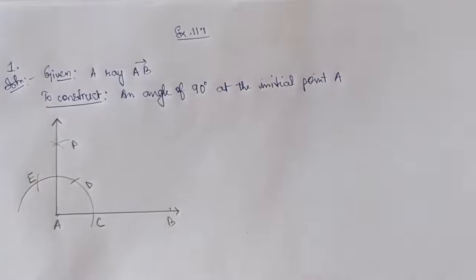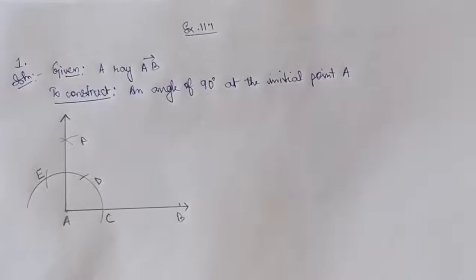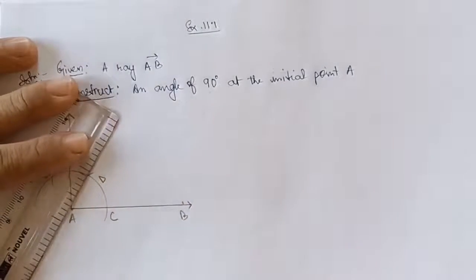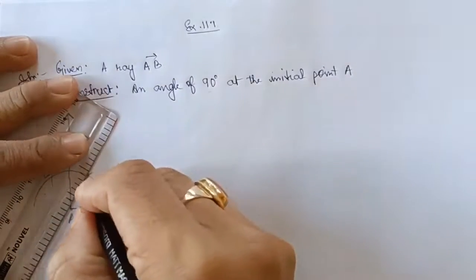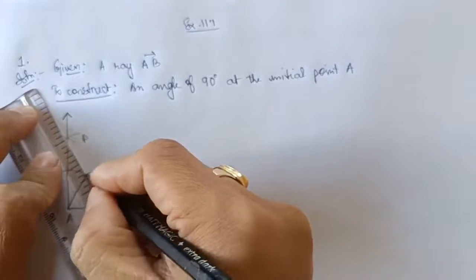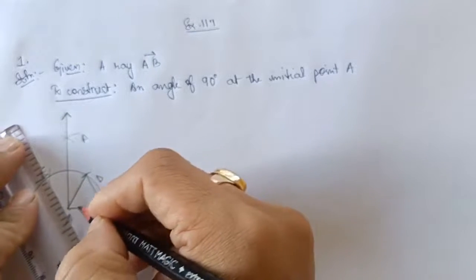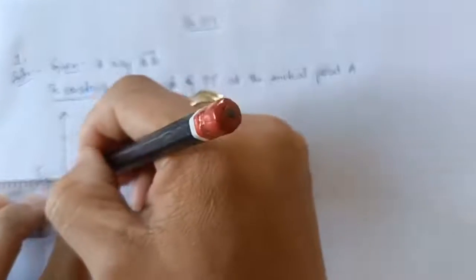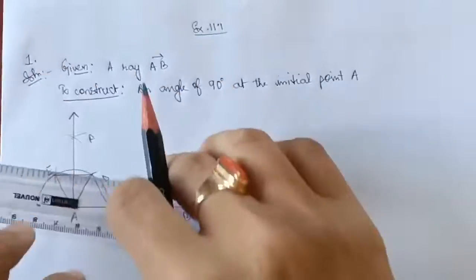To justify the construction, let us join AD and CD, and then AE and DE.